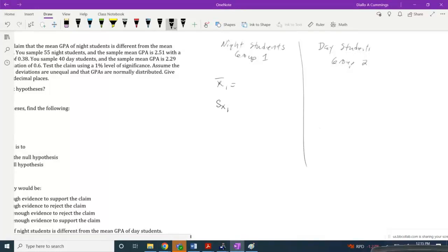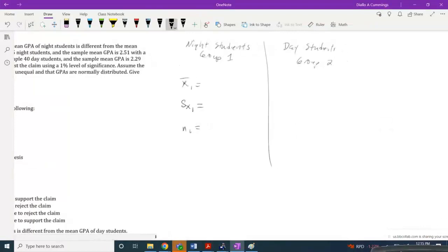S sub X 1, that's the standard deviation for the night students. And then N sub 1, that's the sample size for the night students. I'm going to do the same thing for group 2. So I'm going to have X bar sub 2, that's the mean GPA of the day students. S sub X 2, that's the standard deviation for the day students, and also N sub 2.